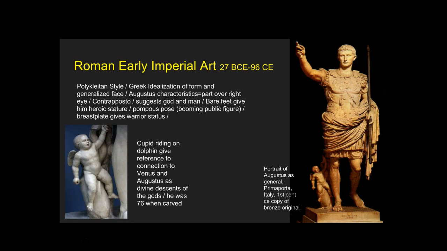Augustus wouldn't have looked like this because by this time he was much older, but they portrayed him as young and youthful, so people didn't think he was old and decaying and about to die. So he's in contrapposto. His position suggests god and man. His bare feet give him that heroic nature. So when you see bare feet in Roman art, it's about heroism.